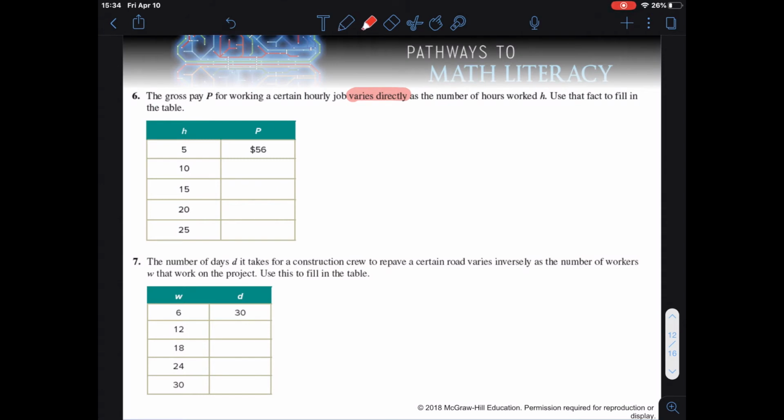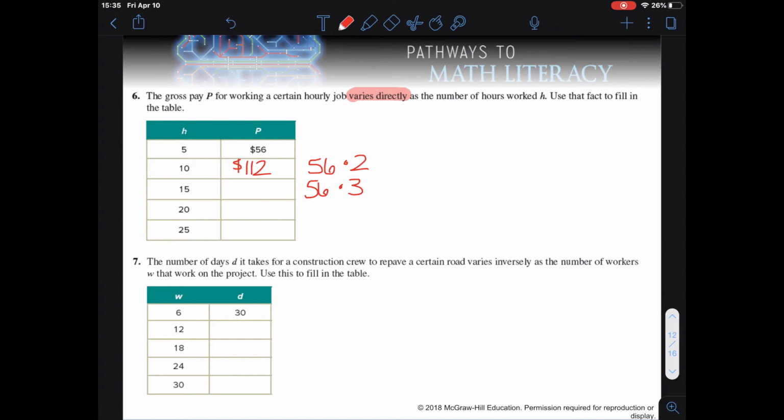So I'm given for 5 hours, my pay is 56. If I double my hours to 10, my pay should also double. So the pay is doubling, and I should make $112 for 10 hours of work. For 15, my hours triples, so my pay should triple.